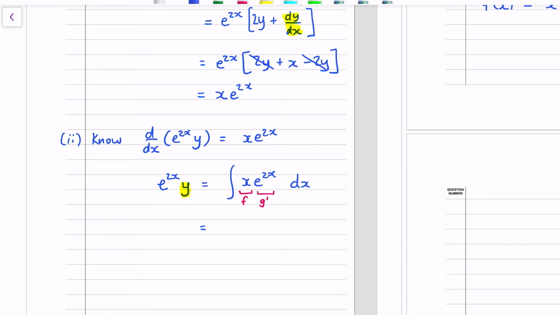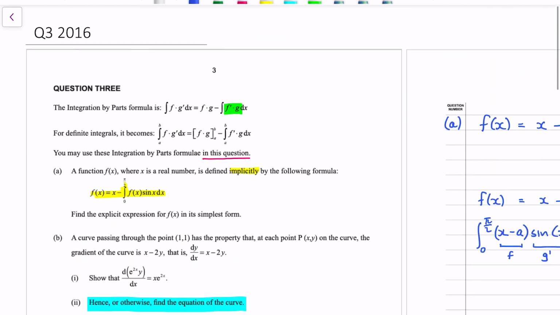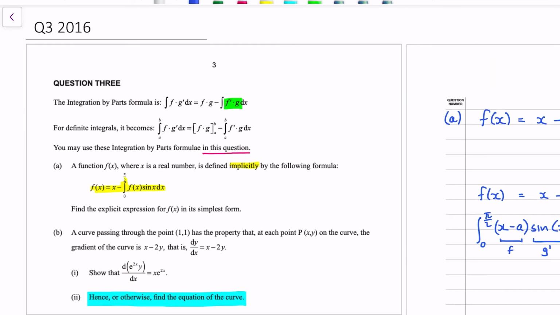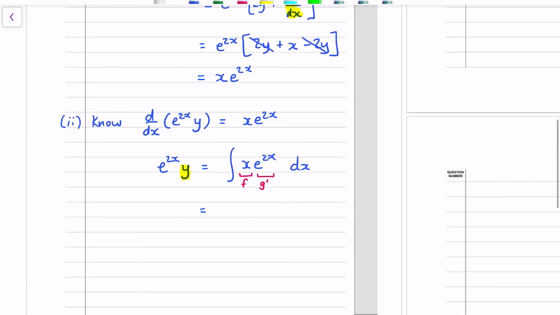So the integral of this is f times g. Looking at the integration by parts formula, the first thing in the formula is f times g. Well, f is just x, and g is the antiderivative of e to the 2x, e to the 2x over 2, minus the integral of f dash g.